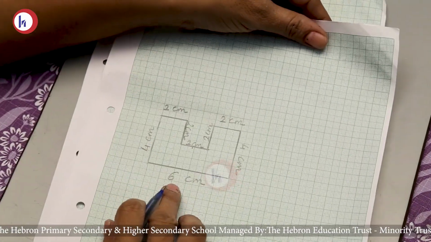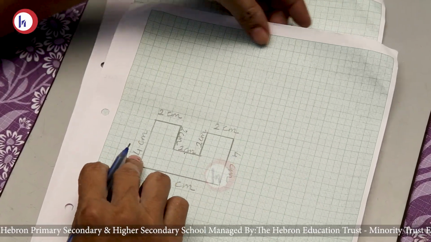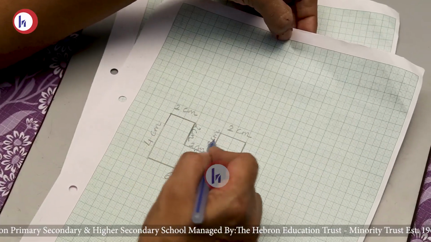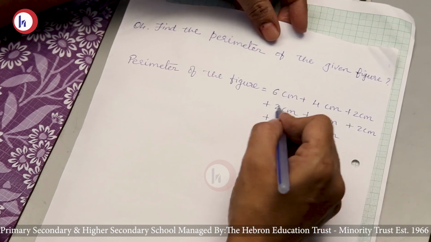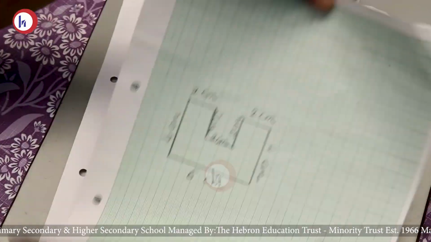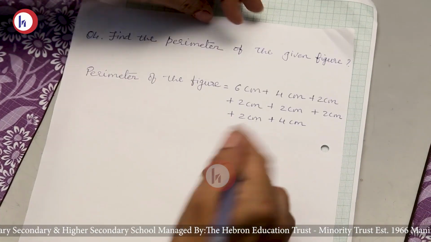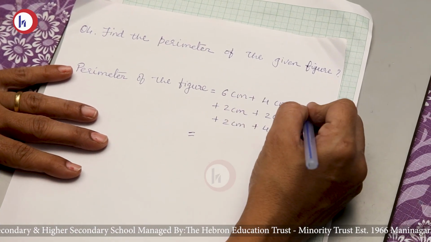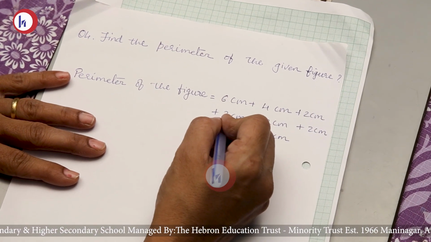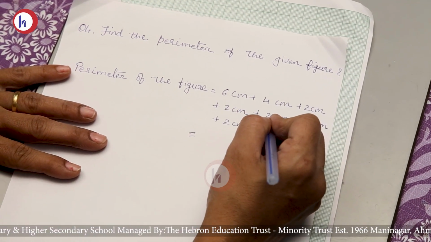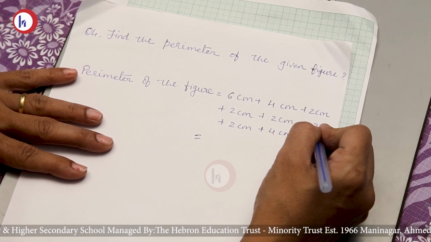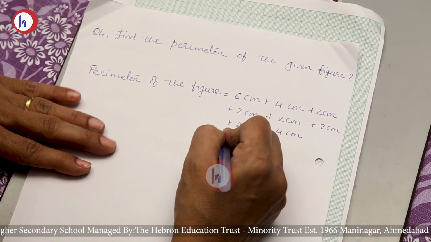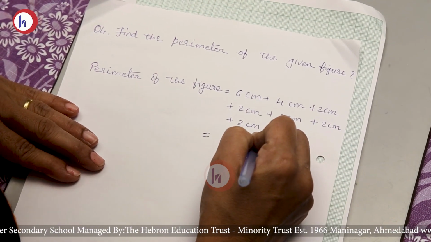We started from 6 centimeters, so we counted till here. 6 plus 4, and 5 times 2 centimeter. And the 4 centimeter is left, so here it is 4 centimeter. Let's count. 6 plus 4, 10. 10 plus 2, 12. 12 plus 2, 14. 14 plus 2, 16. 16 plus 2, 18. 18 plus 2, 20, and 20 plus 4, 24 centimeter.